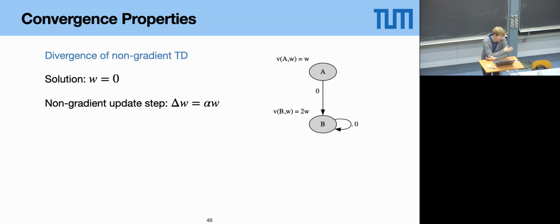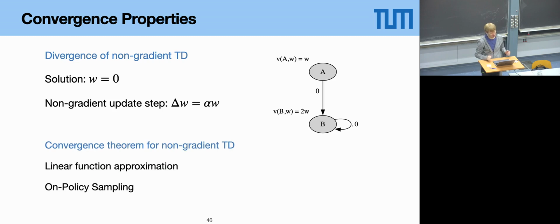On the other hand, next to these known examples of divergence, there are also some convergence theorems. We're not going into details, but what they usually depend on is linear function approximation and on-policy sampling. On-policy sampling means you have to show the transitions according to the natural frequency. In comparison, for gradient descent you don't have to do that.